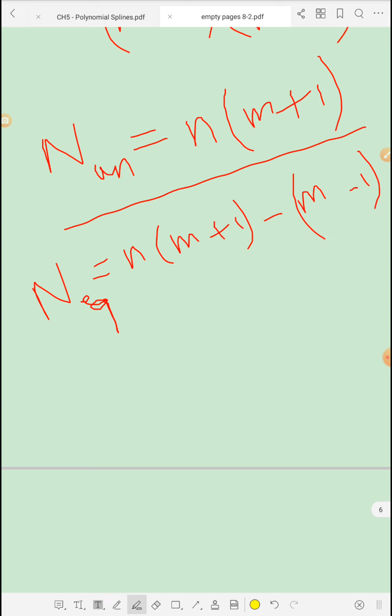So, is there any similarity between the two cases? This here and this here, they are identical. So, the number of equations is less than the number of unknowns by a factor of m minus 1. In order to solve this system of linear equations uniquely, we should have the number of unknowns equal to the number of equations.